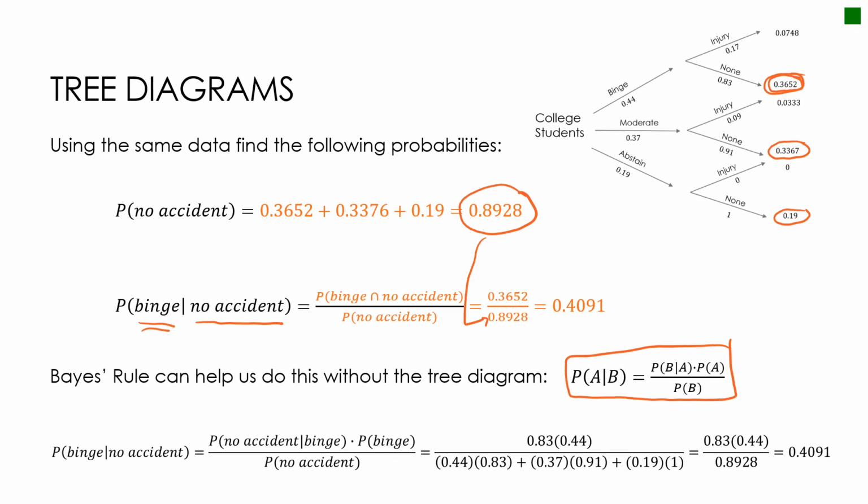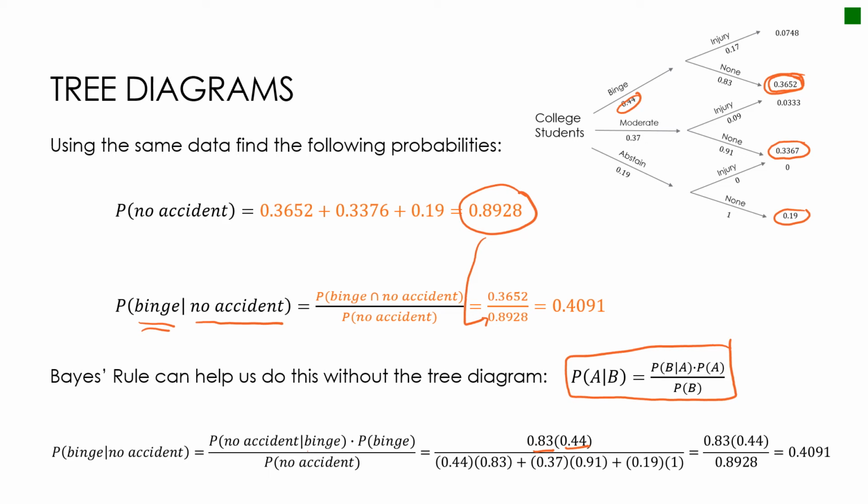And again, I wouldn't do it if I've already made the tree diagram because it's just extra work, but what I can do is say, okay, the probability of B given A times the probability of A as my numerator, and my denominator is the probability of B. So here basically I'm saying the probability of B given A, so no accident given binge, would be 0.83, times the probability that they're a binge drinker, which was the 0.44.